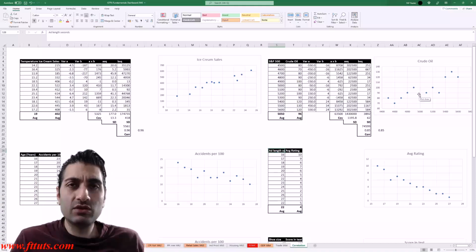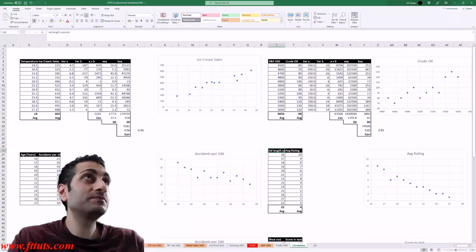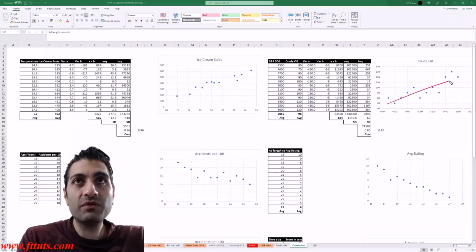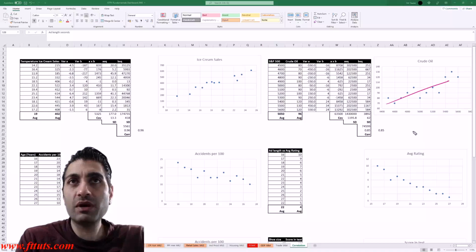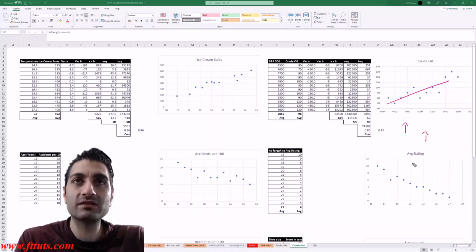Does that mean we just ignore it? No, it's a brilliant relationship we can use. So this type of relationship is positive. You might be trading the S&P, you see crude oil shoot up, and you think, positive on the S&P, I want to buy the S&P.